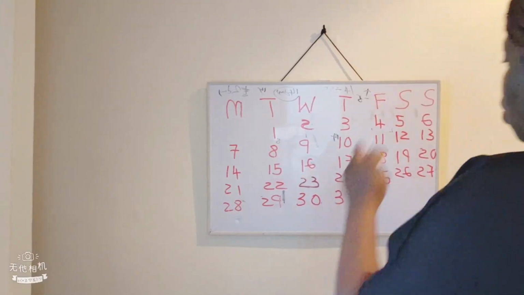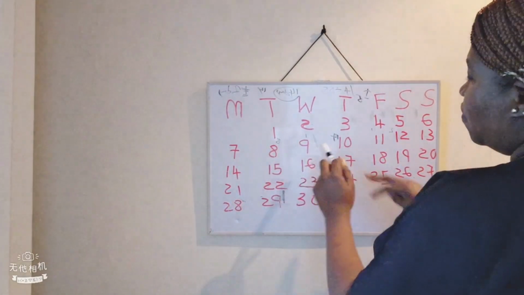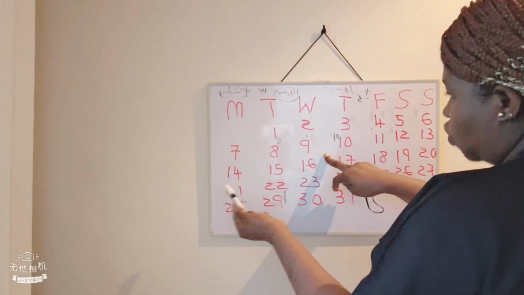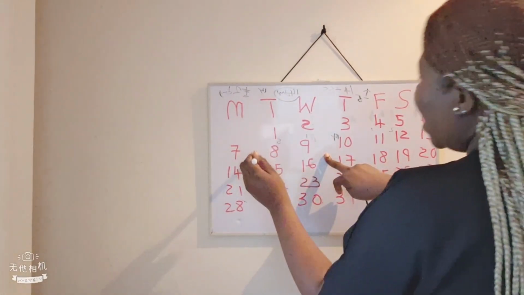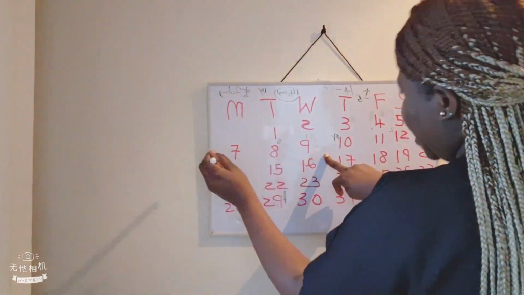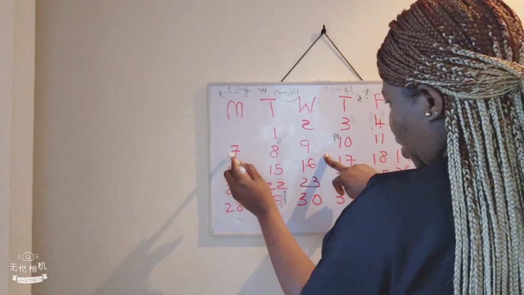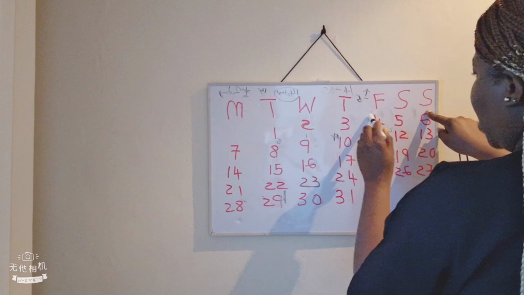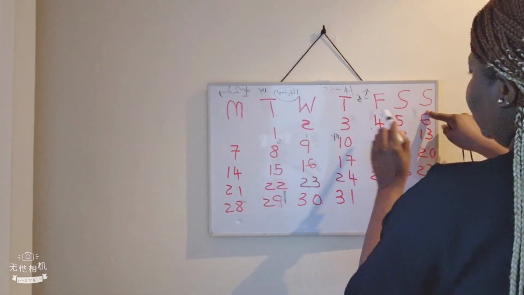So we have from the 8th, bringing it backward, you have to add 5 days from the 8th. So that means 7, 6, 5, 4, and 3. 1, 2, 3, 4, 5.